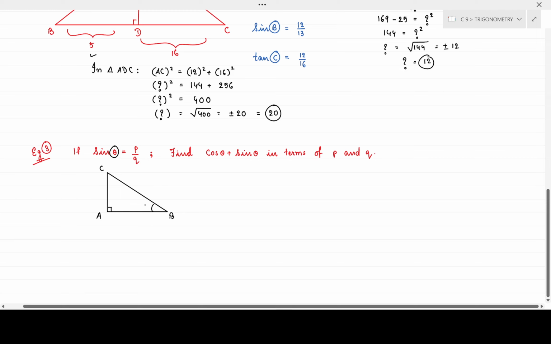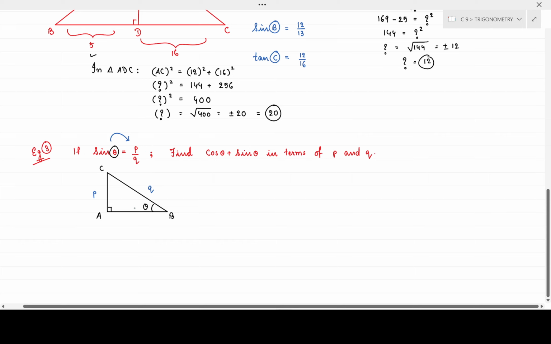Consider theta here, then obviously this is base, this is perpendicular, and this is hypotenuse. Now, according to the given condition, sine theta is P by Q. So you will consider perpendicular as P, hypotenuse as Q, because the ratio itself is P by Q, perpendicular by hypotenuse. So you mark it accordingly.